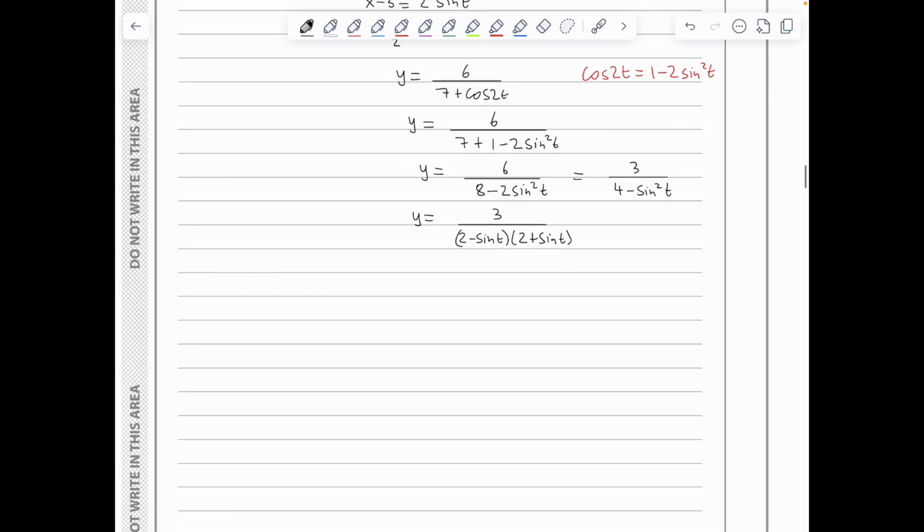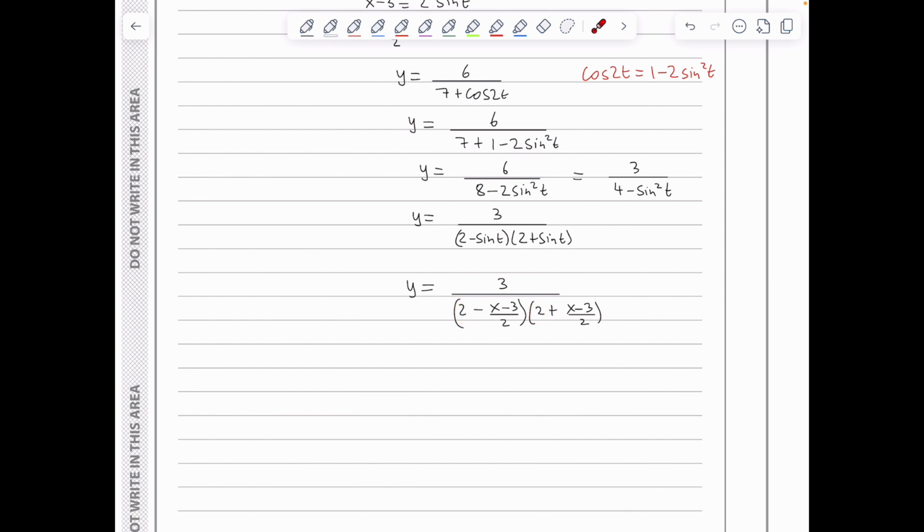So we're looking at y being equal to 3 over (2 minus (x minus 3) over 2) times (2 plus (x minus 3) over 2). So I will multiply everything by 2. So the 2 here will become 4. These will also become 4.